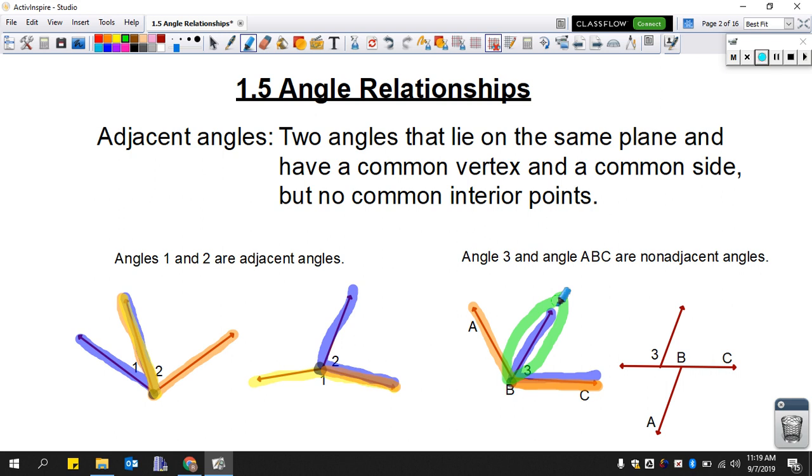So that's why they are not adjacent, because they have common points that are on the interior of ABC.